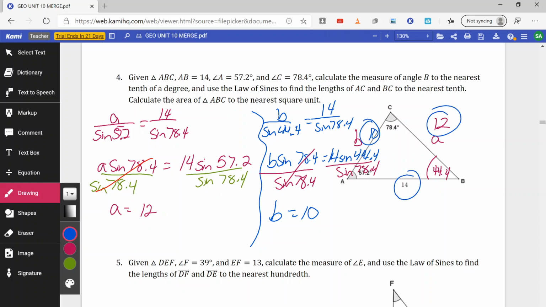So we have sides 10, 12, and 14 in our case. Now what we have to do is figure out the area of the triangle. So area again is 1/2 AB sine C if we don't have a true right triangle. And again, it doesn't matter which two sides we use as long as we use the angle that's included in the two of them. So everything's been related to angle C, so we'll use 10 and 12.